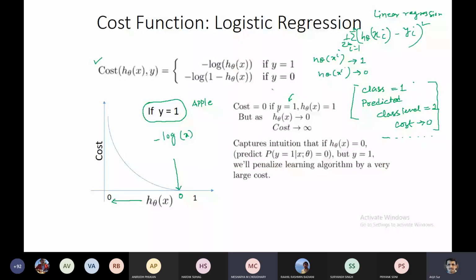The other case is a right classification. But if y is equal to 1 and our h theta x is saying it is 0, then it's a misclassification.